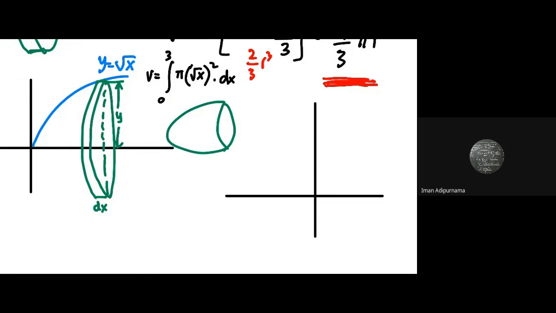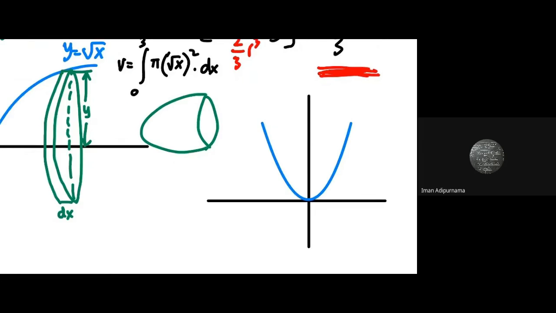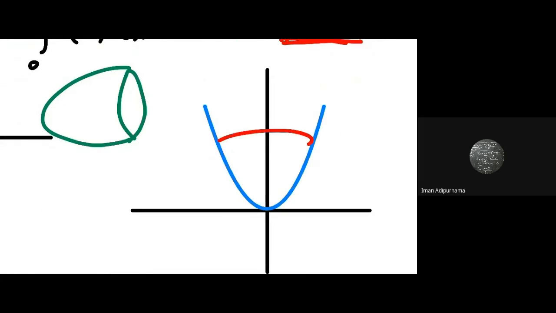In another example, let's say we draw a curve like this. Maybe this is the curve x squared, or maybe any even function. We have the circle or the disk in the middle here, and we rotate around the y-axis.